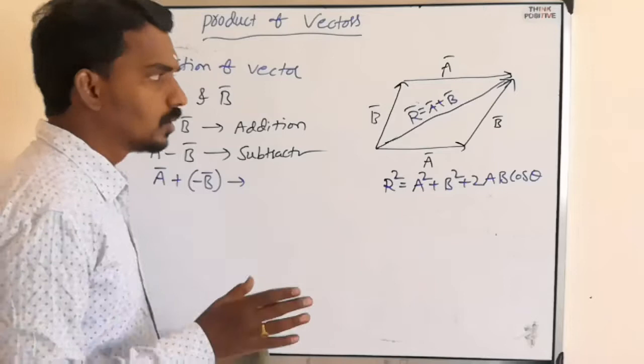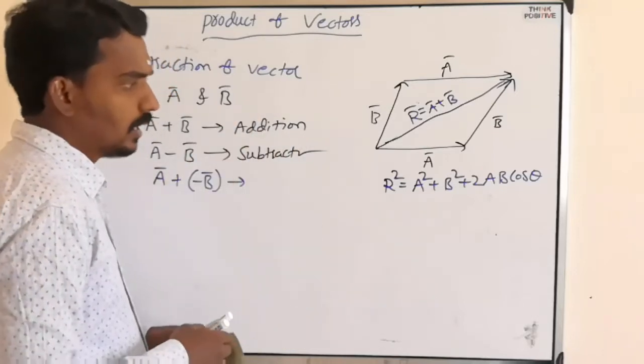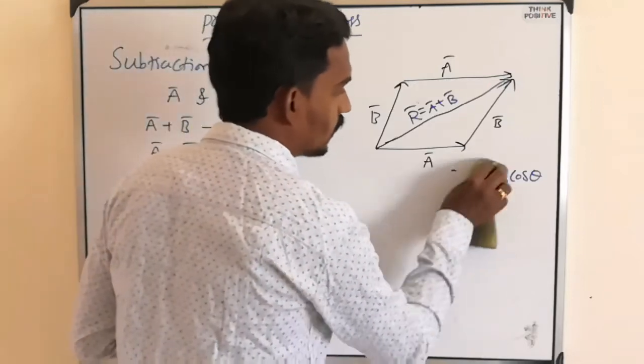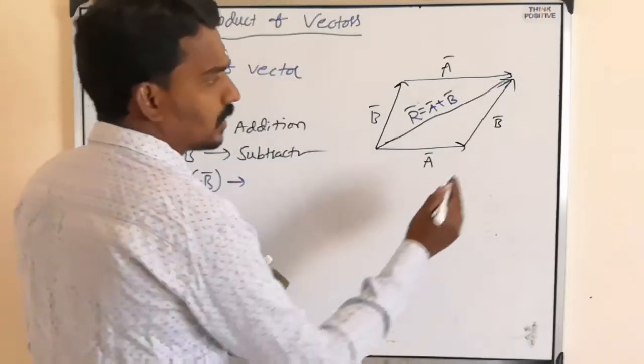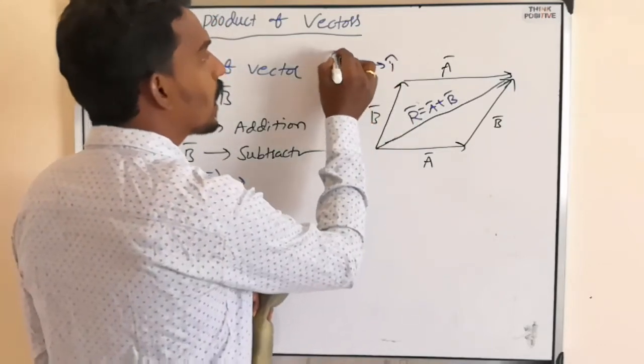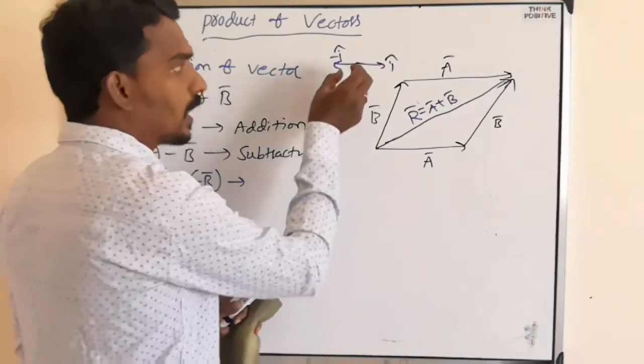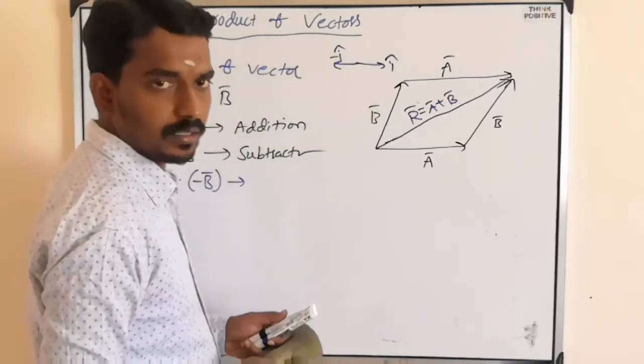Now suppose you want to get A bar minus B bar. You can use the triangular law of vector addition in the similar way. See here, one thing you need to understand: if this is i cap, then this will become minus i cap. Both are equal in magnitude but exactly opposite in direction.